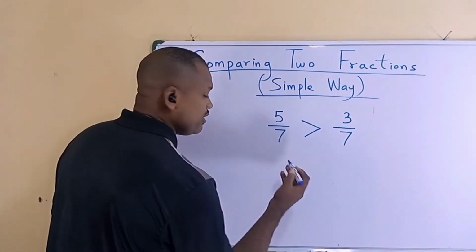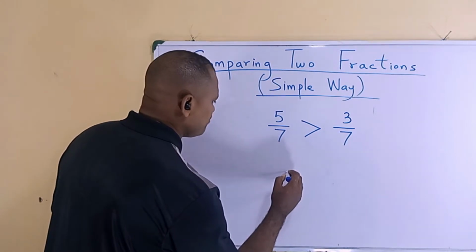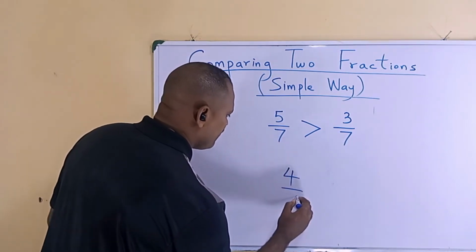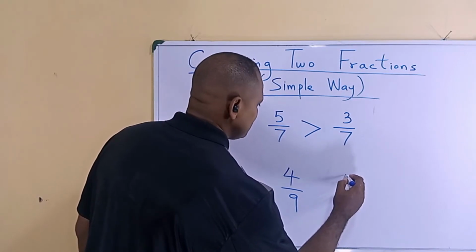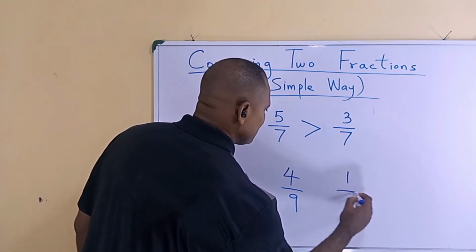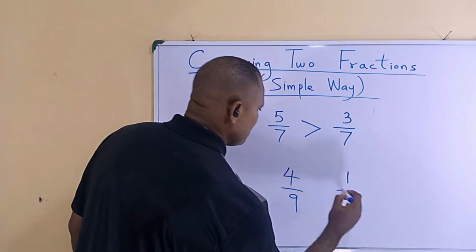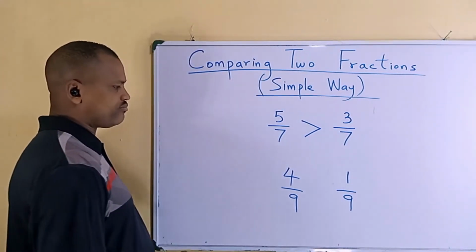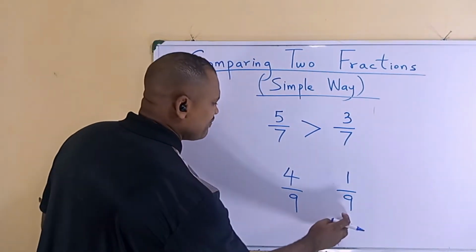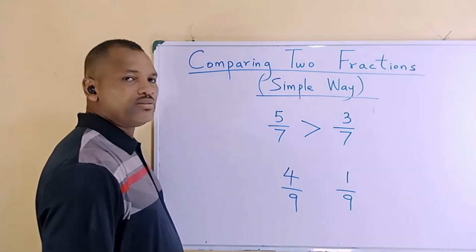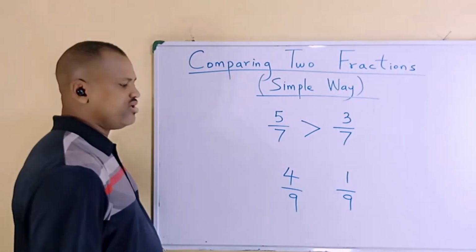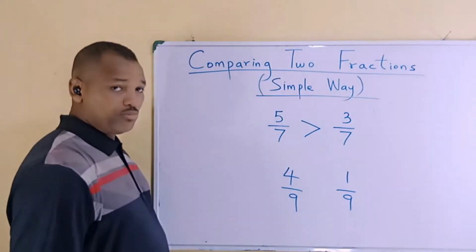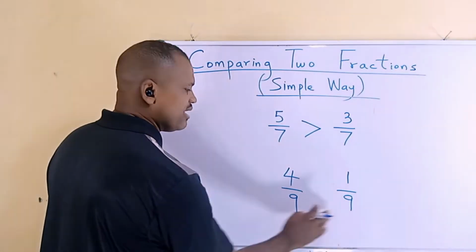We have another one. Let's say 4/9 and 1/9. Again, they have the same bottom numbers, so these are like fractions. Ignore the bottom numbers, the 9 and 9.